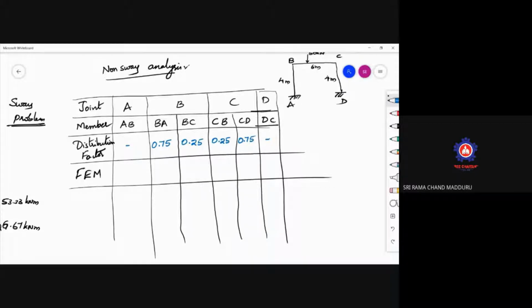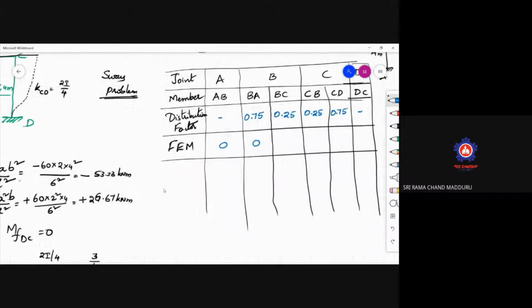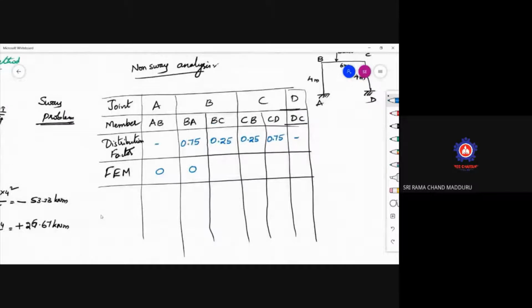So coming to the fixed end moments, for AB that is 0, BA 0, BC. What is BC value? Due to this loading, we got it as minus 53.33. So that is MFBC is minus 53.33 kilonewton meter.